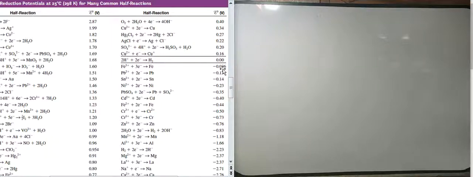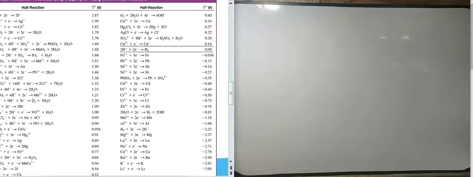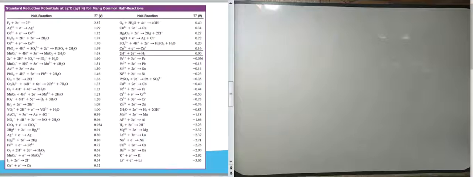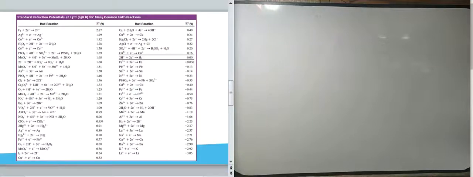So we will also reverse the sign of this cell potential, which, since it becomes an oxidation, will be positive 0.036. Again, all of the reactions in this table are for standard reduction potential only.